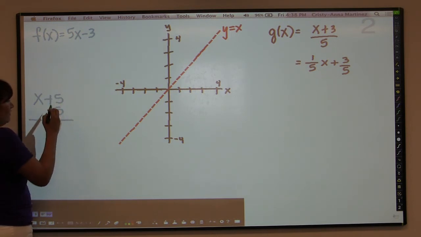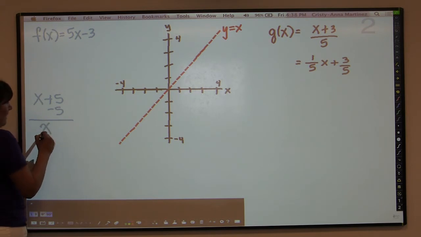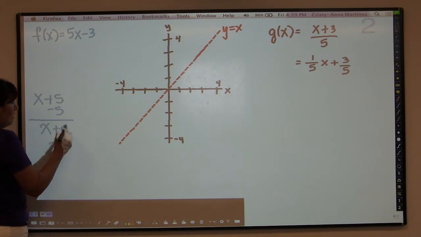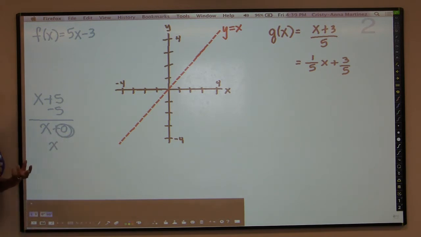And when I put the two inverses together, I'll get the x back by itself. It's basically x plus 0, which is just x. 0 is considered the additive identity because you can add 0 to anything and you can subtract 0 from anything and it leaves it the same.